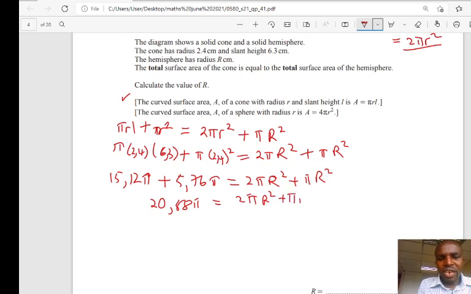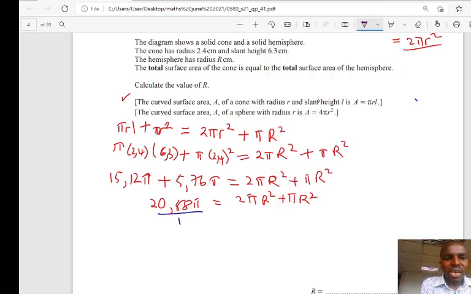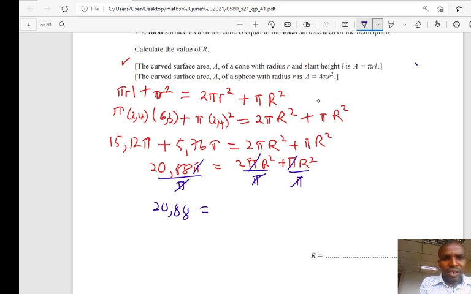plus pi r squared. Then since pi is a common factor everywhere, you can divide everything by pi. Then this pi, you cancel out pi. You'll be left with 20.88 is equal to 2r squared plus r squared. 2r squared plus r squared is 3r squared on this side.